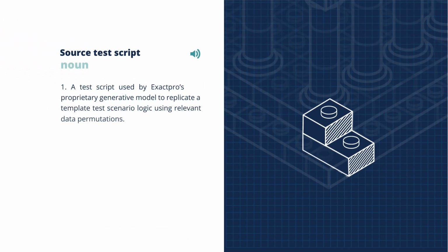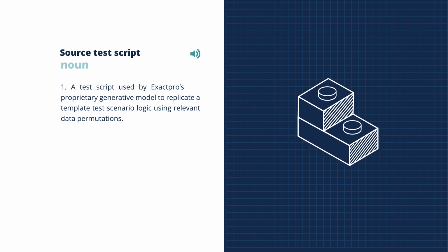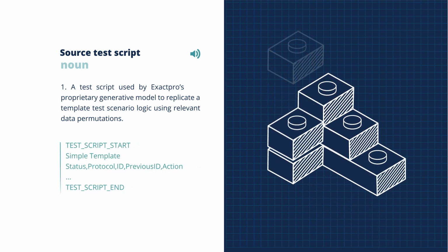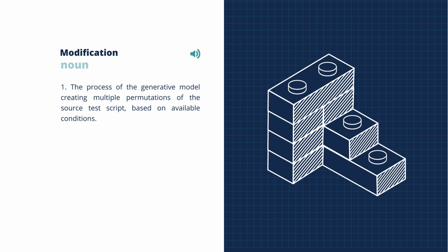A source test script is a test script used by Exactpro's proprietary generative model to replicate the logic of a template test scenario using relevant data permutations. A source test script is universal enough to incorporate many types of system-specific variables. Modification is the process of the generative model creating multiple permutations of the source test script based on available conditions.